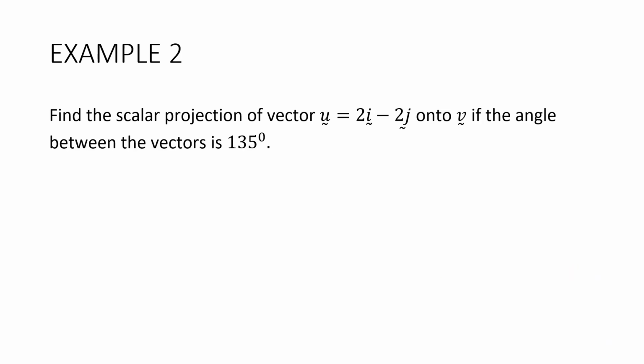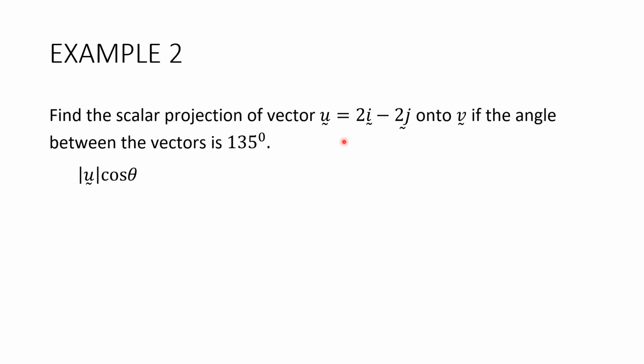Example 2. Find the scalar projection of vector u, which is 2i minus 2j, onto v if the angle between the vectors is 135 degrees. Now this is an interesting question for a couple of reasons. Firstly, because the scalar projection is negative, which is possible. So let's start with our formula, which is the magnitude of u cos theta.